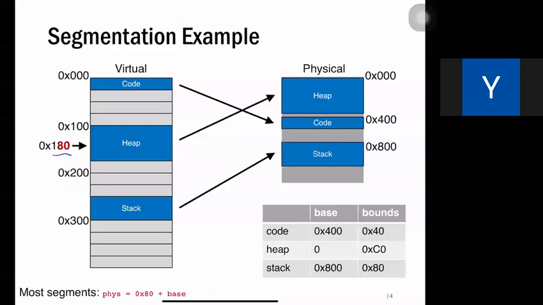To calculate that, you just subtract 0x100, which is its base virtual address, from 0x180, which gives you 0x80, highlighted in red. And then you apply 0x80 to the base address, which is 0, to calculate its final physical address, which is 0x80. This is somewhere over here, in the middle of the first memory segment with respect to the physical memory location.